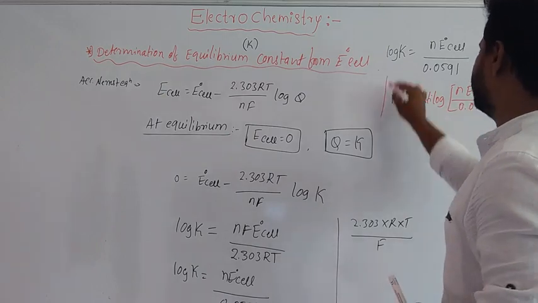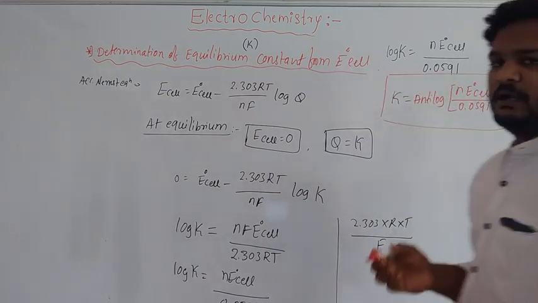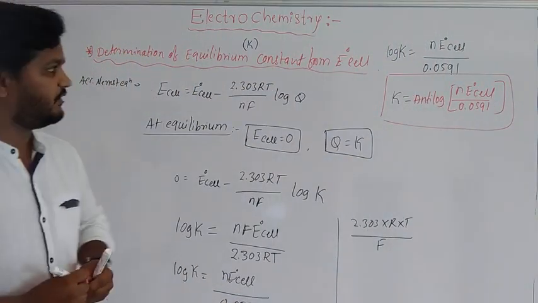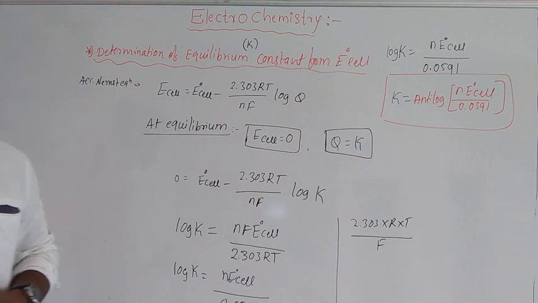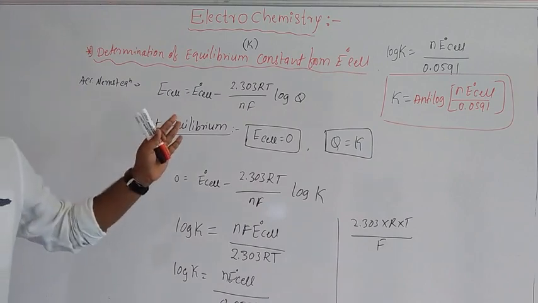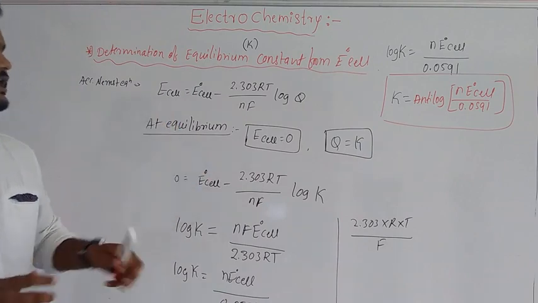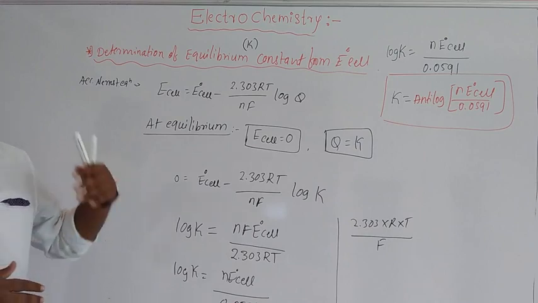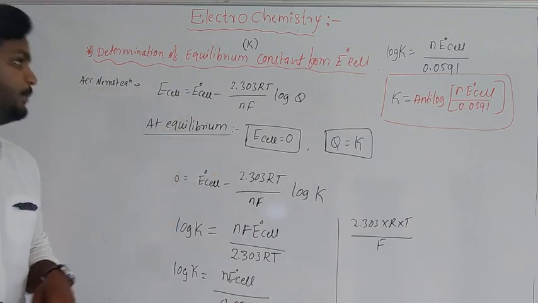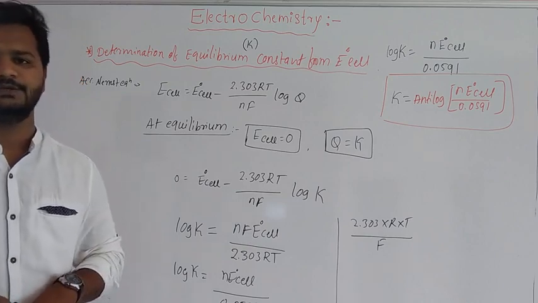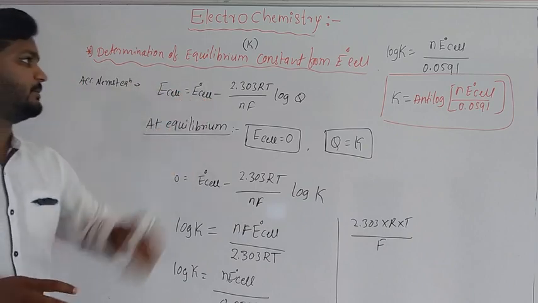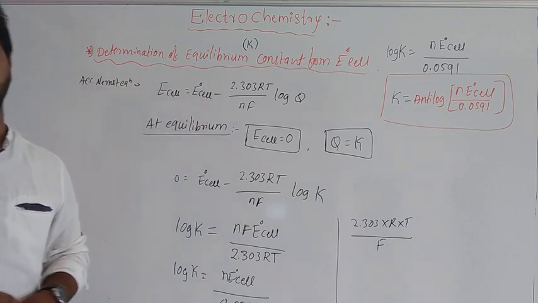This is the mathematical expression for determination of the equilibrium constant from E naught cell. So students, a larger value of E naught cell indicates a higher tendency of a reactant to go into product. So this is one more concept, the determination of equilibrium constant from E naught cell. Take it.